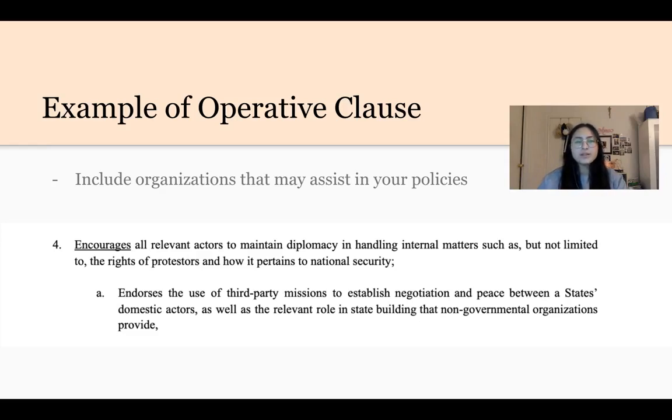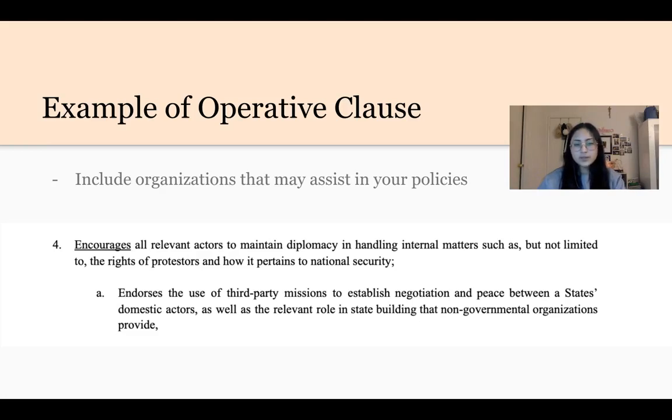You don't want any of your ideas to clash, or otherwise people will catch it and call your group out for that, especially since you want to provide a resolution that will promote general peace among everyone about a certain issue.